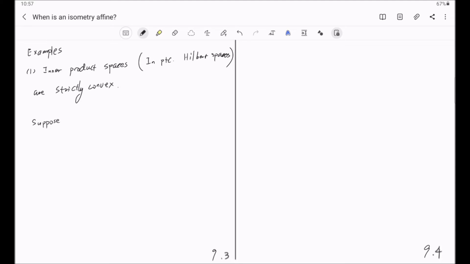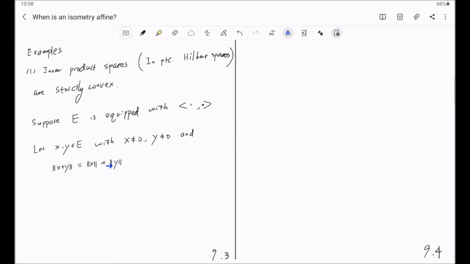Suppose the normed space E is equipped with the inner product. We're going to check this with our definition number 3. Let x, y be in E with x non-zero, y non-zero, and the norm of x plus y is equal to the norm of x plus the norm of y.